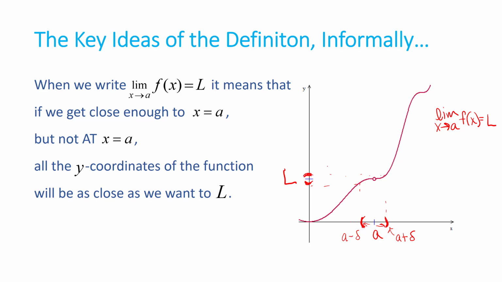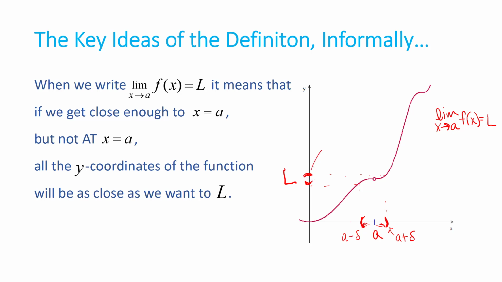And one important thing about this definition, just to streamline things and to emphasize that we're really talking about distances here, all of these intervals I'm drawing here are symmetric. So just like this interval in the x direction, I went delta units to the right and delta units to the left. Also, this little interval I have here in the y direction, I'm going to have a distance in the y direction and label that the same amount of units up as I went down.